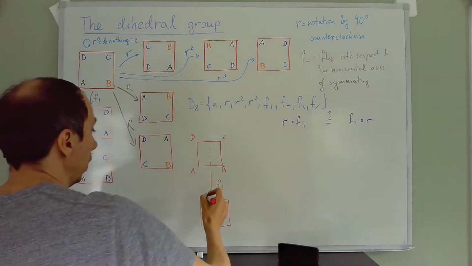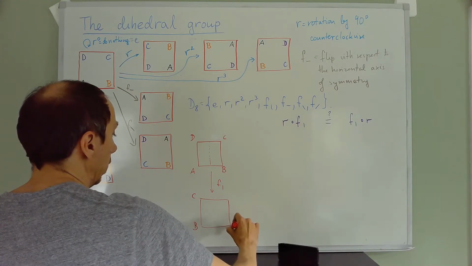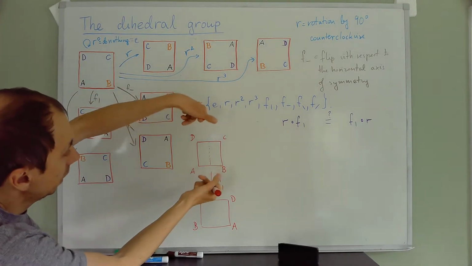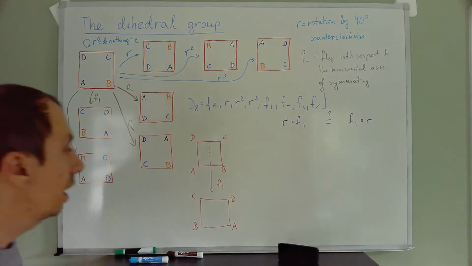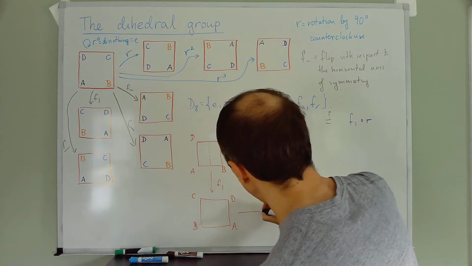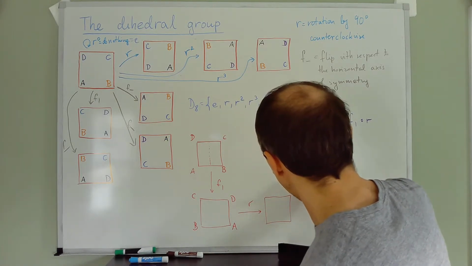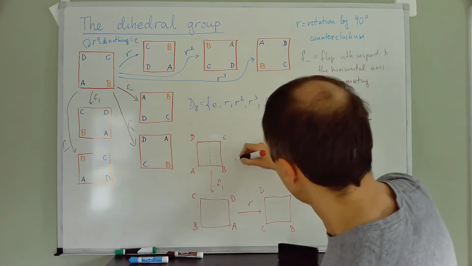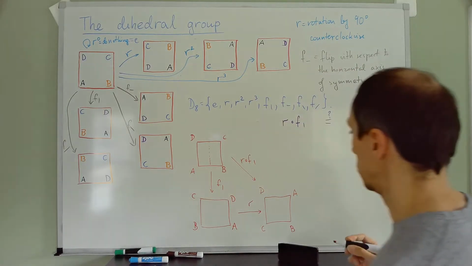C and B go here, and A and D go here. Flip it like this: A and B switch places, C and D switch places. Now let's do rotation by 90 degrees counterclockwise. So A goes up here, D goes here. Okay, so this here is the rotation composed with the vertical flip.